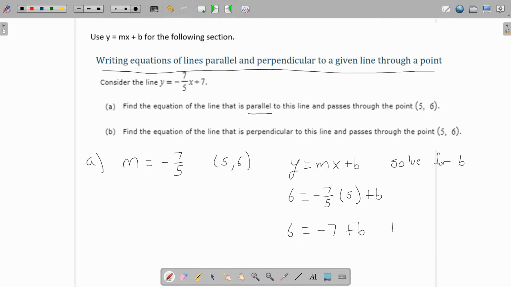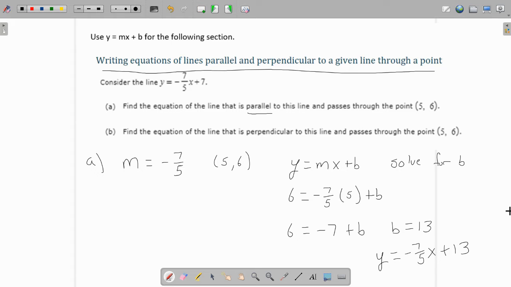And then last step, add 7 to both sides, we get b equals 13. Now they want the equation, so make sure you write your new equation. So y equals your slope and then your b value, which is positive 13, so we go with a plus 13.